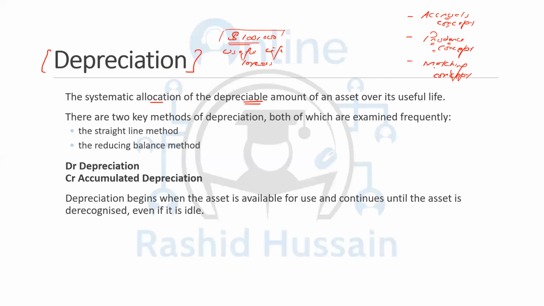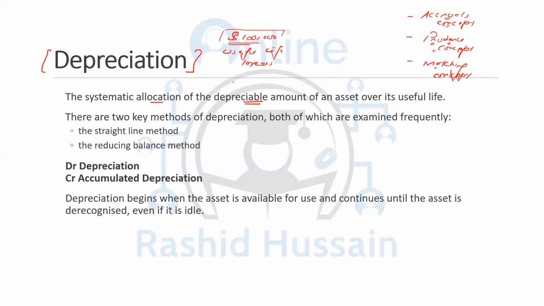Now, how is it related to the matching concept? When you bought an asset, let's assume a car for $100,000, and you're using it, let's assume, for delivery purposes. It's a delivery van that is delivering your products. So you're getting the benefit from it. Now, when you're recording the benefit from it in a year, then you should record the relevant expense of that asset in the same year as well.